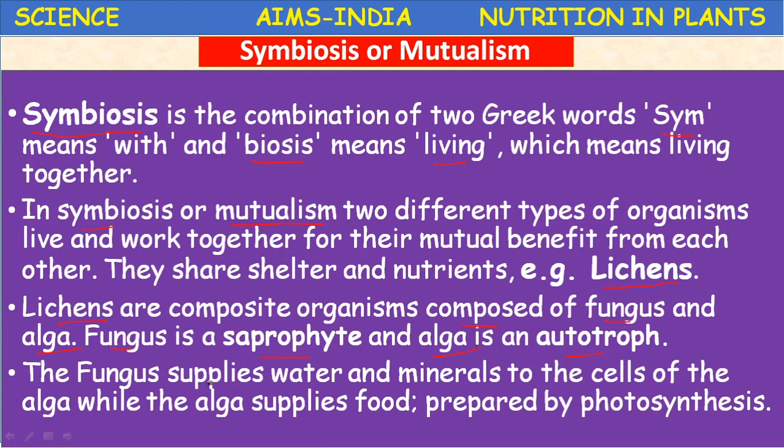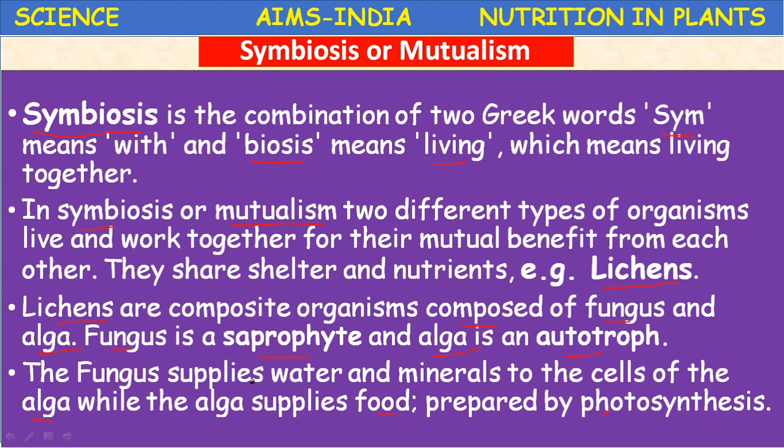The fungus supplies water and minerals to the cells of the alga, whereas the alga provides food and shelter to the fungus, because the alga is green, containing chlorophyll, and supplies food prepared by photosynthesis.